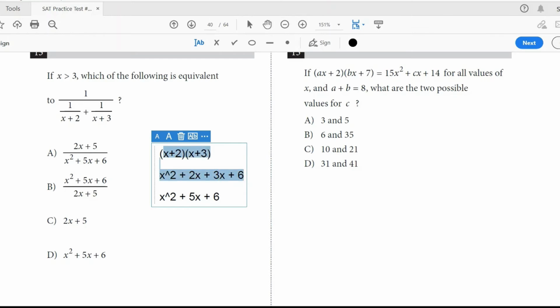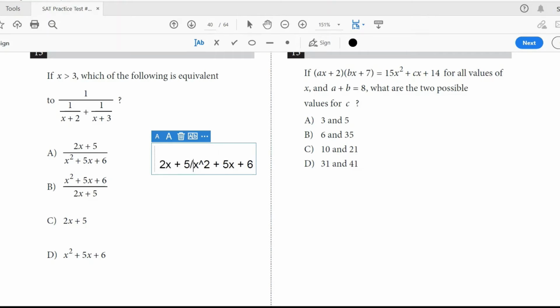And therefore, the top part, when adding x plus 2, which would mean it'd be 2x plus 5. This would be the bottom part when adding these two parts.